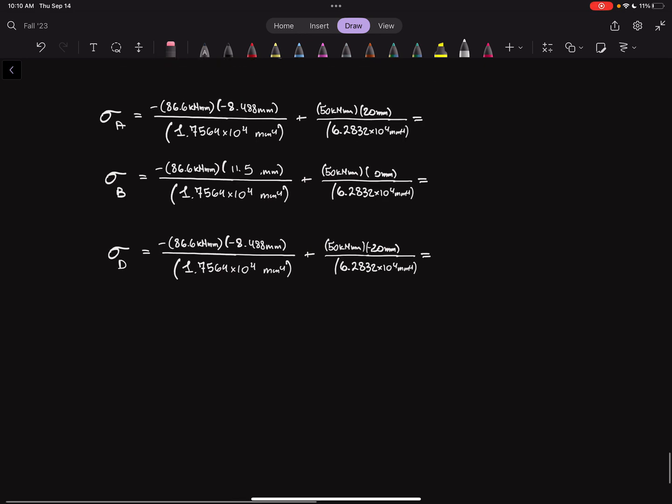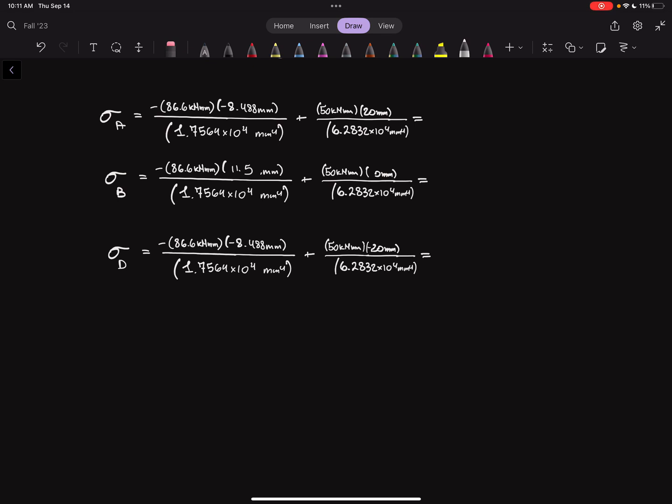And so doing all of this is a drum roll moment. You put it into the calculator and you really hope you got it right, because if you didn't, let me tell you, it's frustrating, especially after doing all this work. But you always learn from it. Minus 8.488 divided by 1.7564 times 10 to the fourth. So we've done that part.